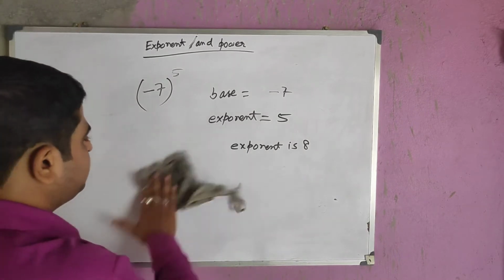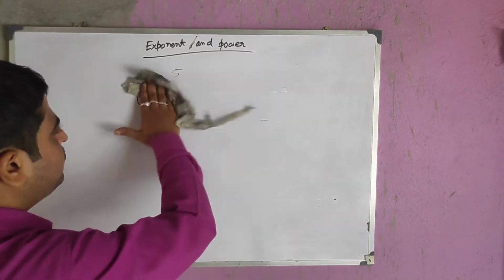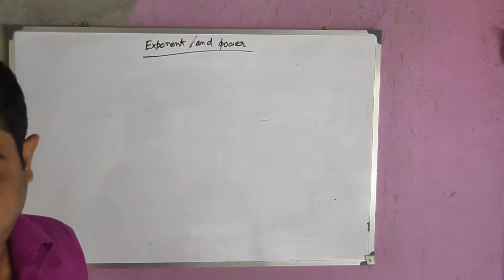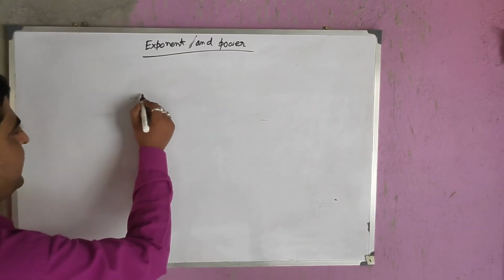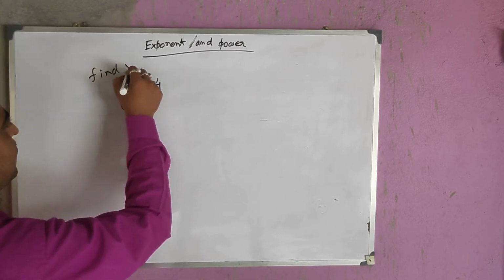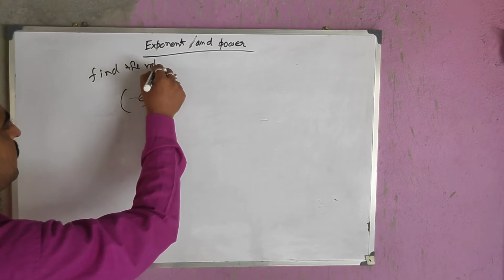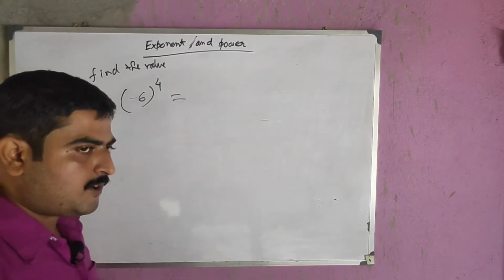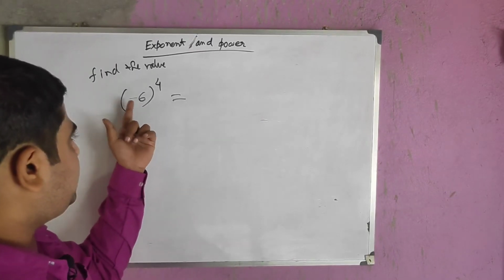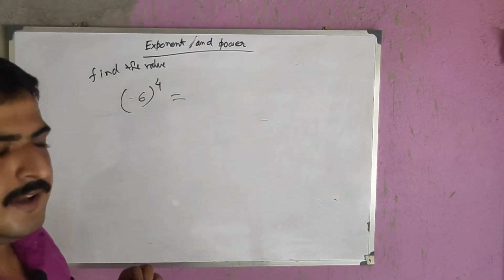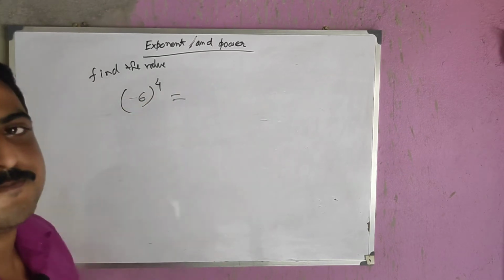Now if you are asked to find the value of minus 6 whole to the power 4. Always remember one thing, if there is a negative sign and it has an even number of power, then it will always become plus.